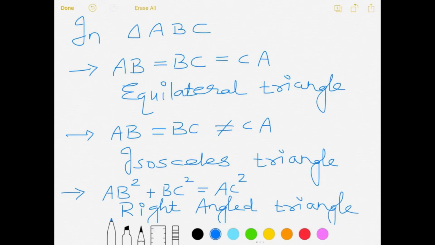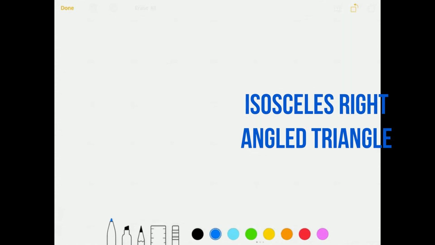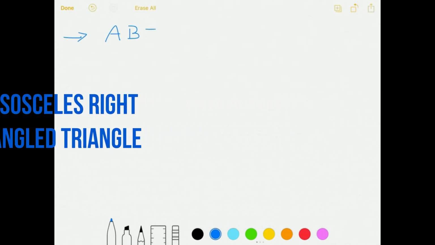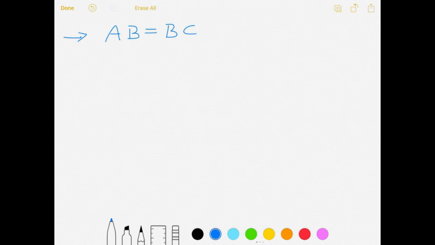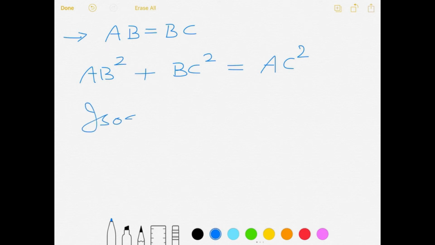And one more, if after finding the distances we see that two sides have equal measurement, let us say AB equals BC, and on squaring the two equal sides, that is AB square and BC square, and adding them, you get the measurement of the third side's square, then that is an isosceles right-angled triangle, because it fulfills both the conditions.